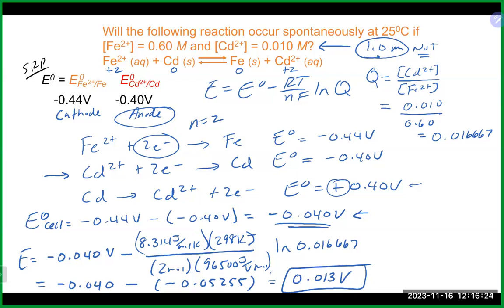Now, with concentrations that are not 1 molar in this case, we did end up with a positive voltage, which means in this case, it would be spontaneous. Not a lot happening in this case, but by playing with those concentrations, what we were able to do really is turn this non-spontaneous reaction under standard conditions into being somewhat spontaneous.